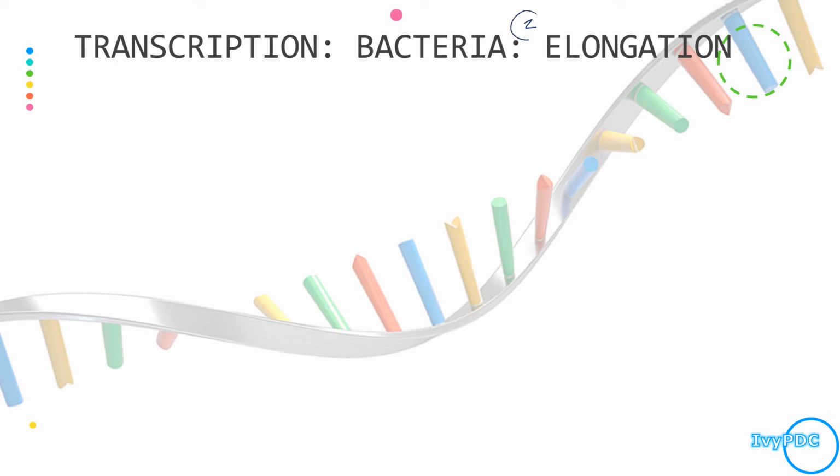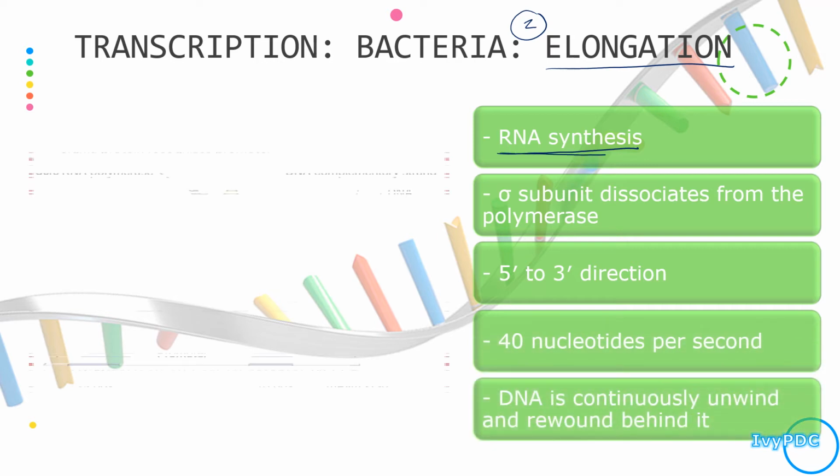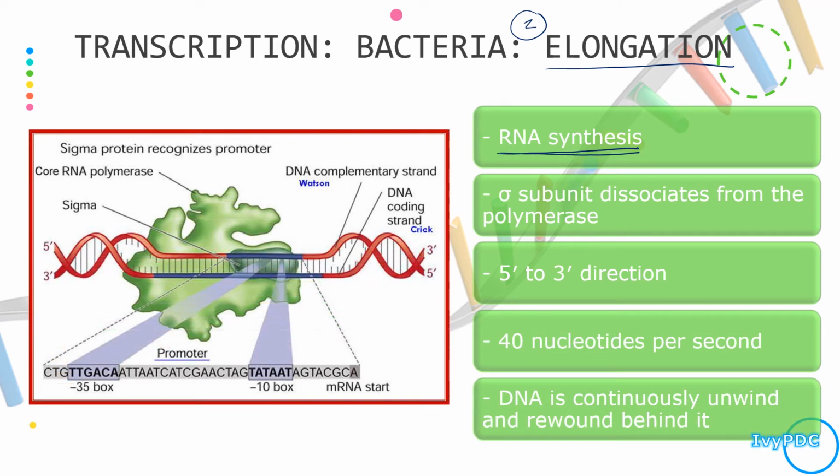The second step in bacterial transcription is elongation, where there is RNA synthesis or the creation of new RNA. Elongation starts when the sigma subunit dissociates itself from the core RNA polymerase. Once the core is free, it can now start synthesizing RNA from the 5' to the 3' direction.